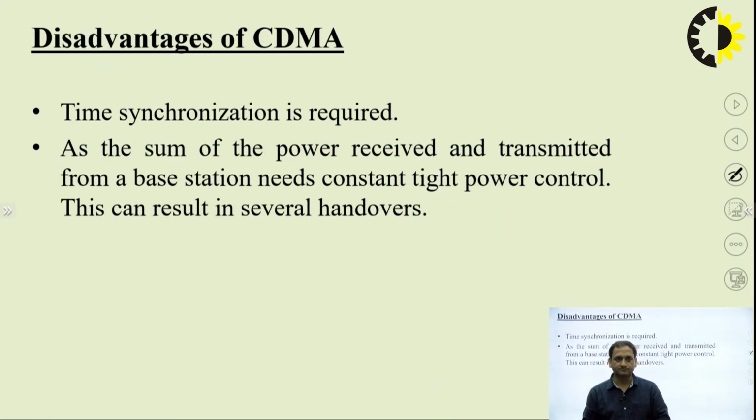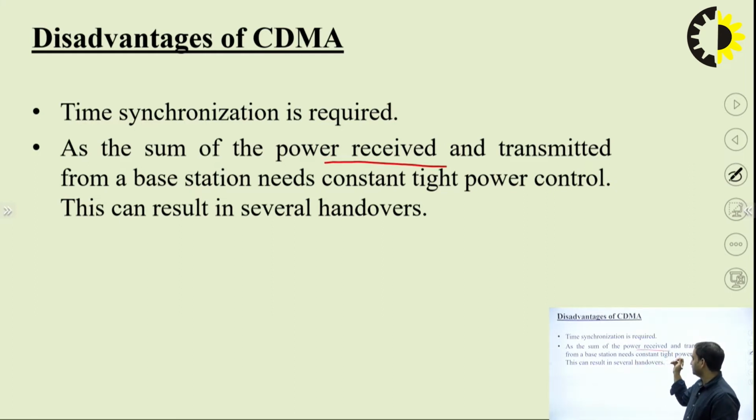which are used to get the original message signal. Some of the disadvantages of the CDMA system: time synchronization is required, and the power received and transmitted from the base station needs constant tight power control. This can result in several handovers.